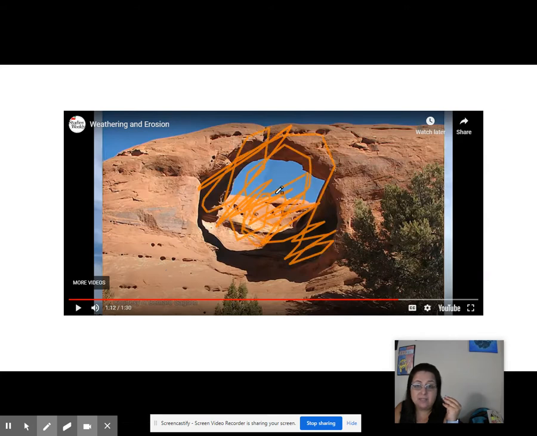Look at how thick that rock is at the top. This is all covered in, okay? It was all solid. There was no passage through until finally one time there was a little hole, and then that hole got bigger because the wind is shoving itself in it, and it's taking off part of this side, okay?